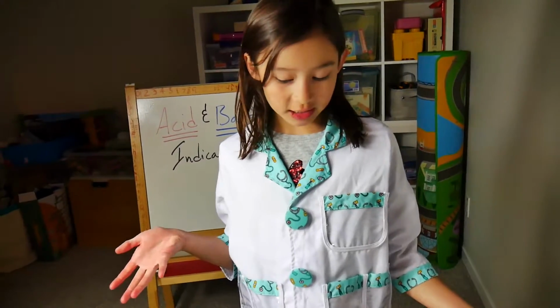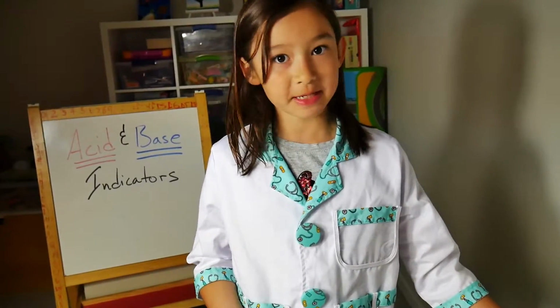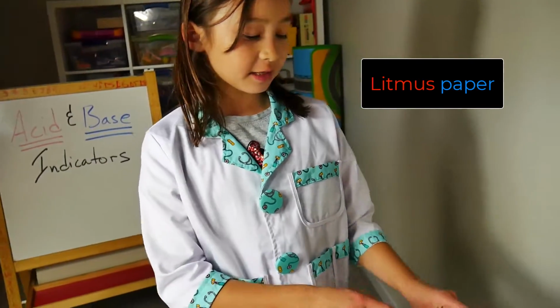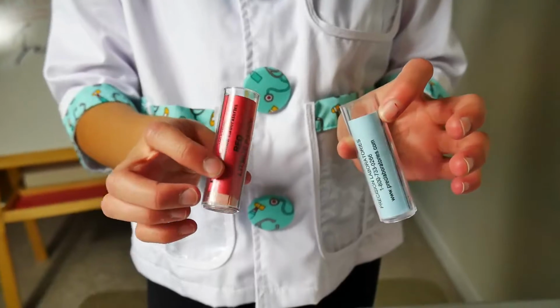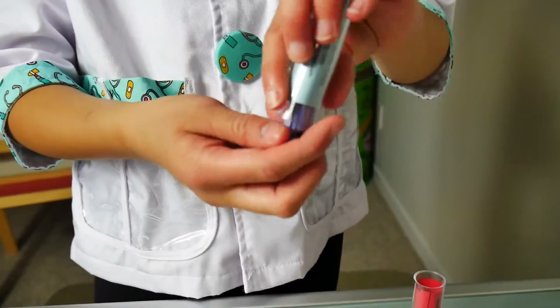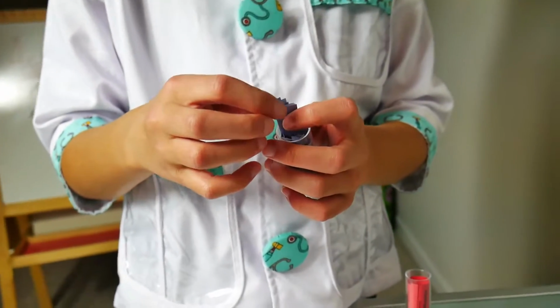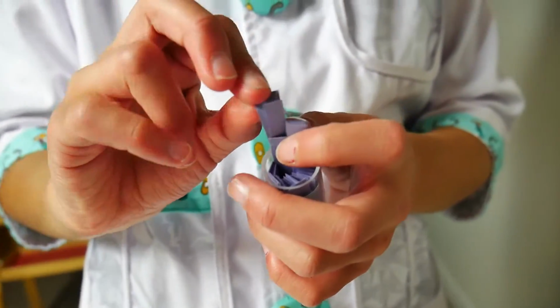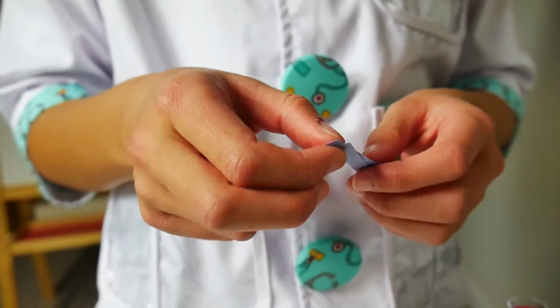Another way of trying to tell if it's acid or base, we could use litmus paper. So I have red litmus paper and blue litmus paper. And we're going to take 2 pieces of blue litmus paper and put it in the vinegar.